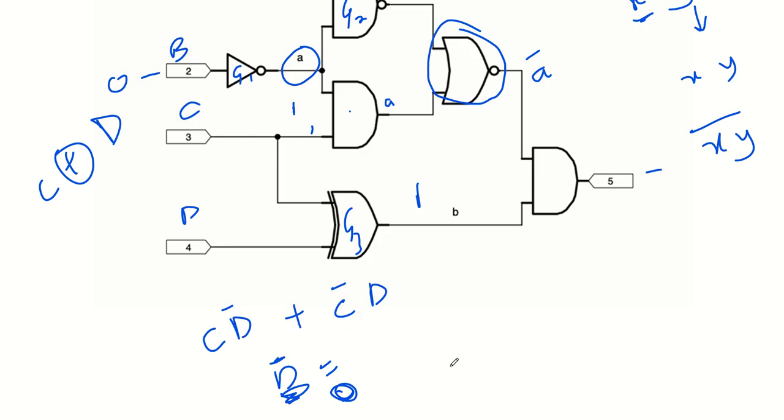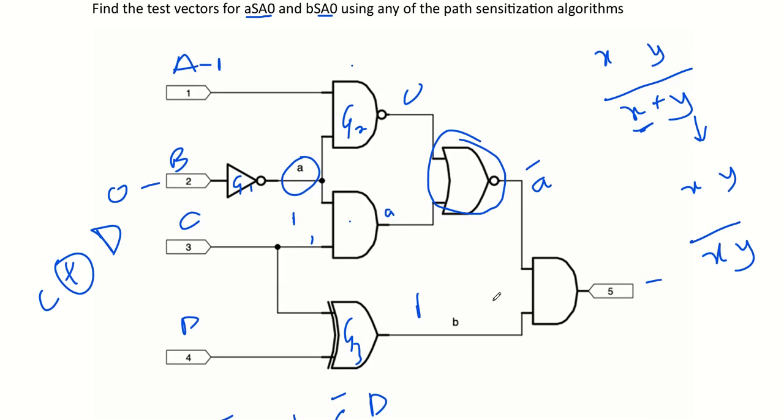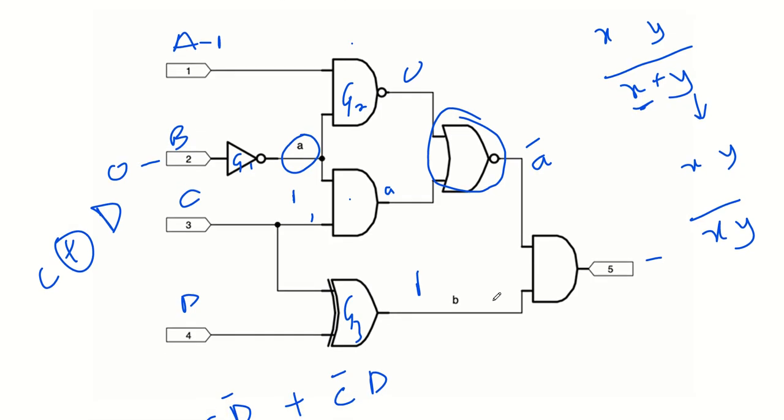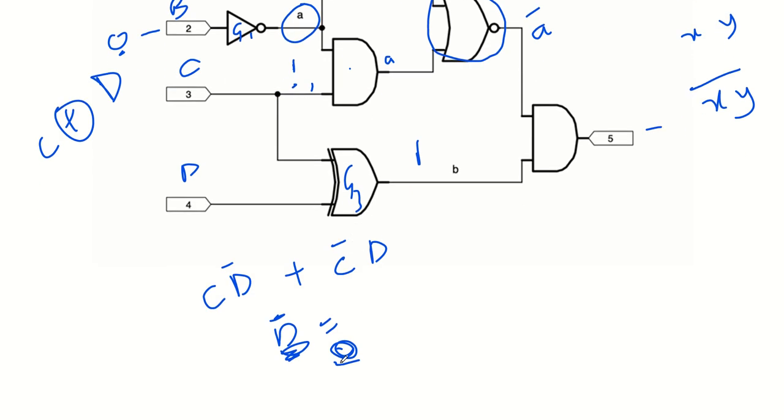And that would bring us to the edge. So you realize that in this case, the test vector is A has to be 1, B has to be 0, C has to be 1, and D has to be 0.